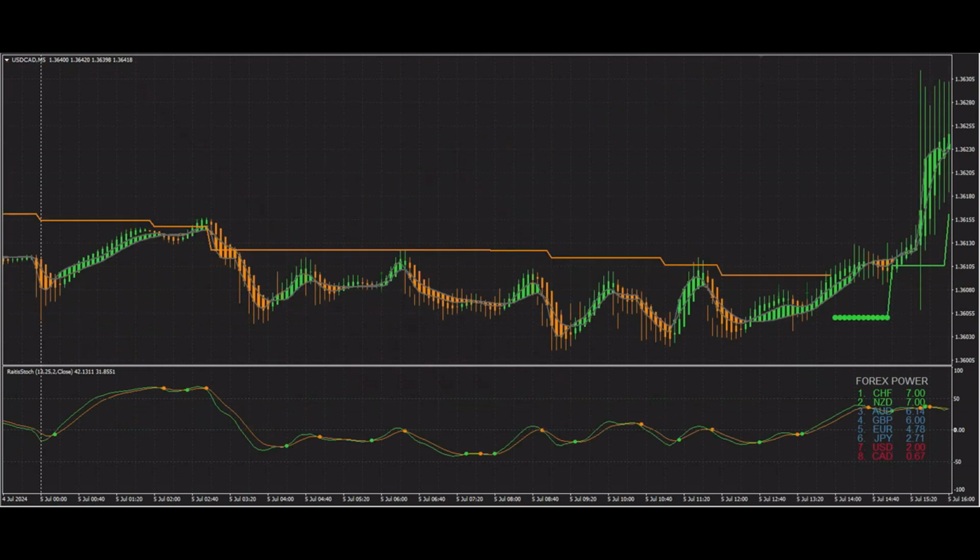Here I want to show you why this strategy is very important and very nice. You can see from here the US dollar and the Canadian dollar, both of them are weak currencies. So you see at this chart, you are getting conflicting signals.